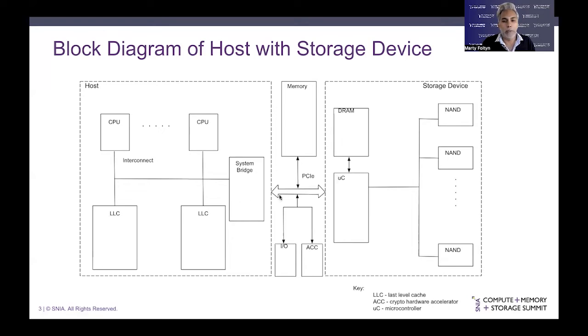And then going over to the PCIe bus, the host can access memory, which is DRAM, and it can also do I/O transactions as well as configure this accelerator. So this would be more of an existing system.